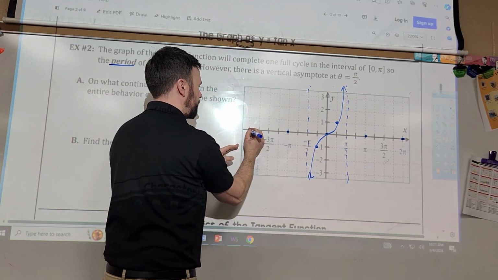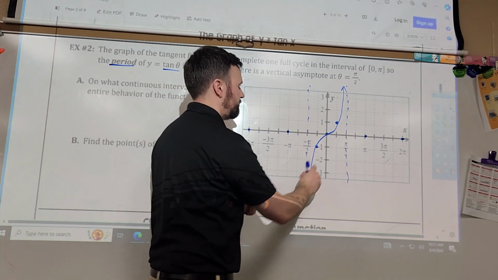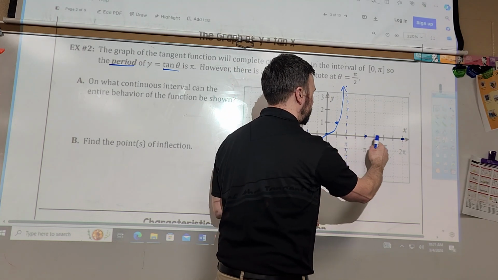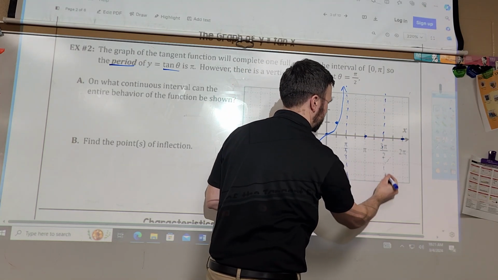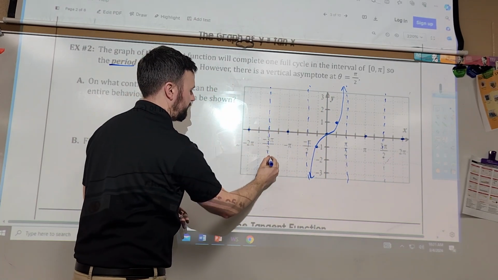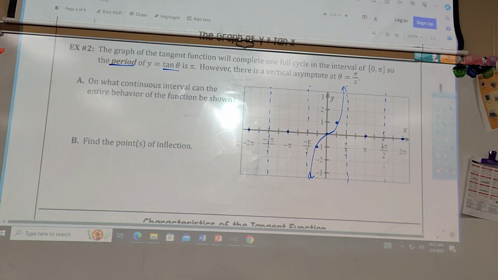So I'm going to put my 0, 0 every pi. So that's 1, 2, 3, 4 blocks. So where's my next asymptote? 1, 2, 3. Yep. And where's my other asymptote? Negative 3 pi over 2. So once you graph this central one, you just keep moving it over whatever the period is. Okay?